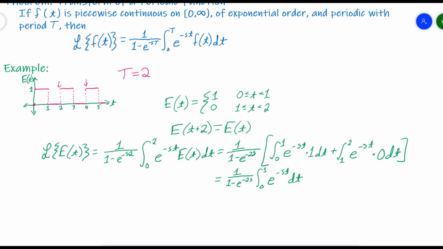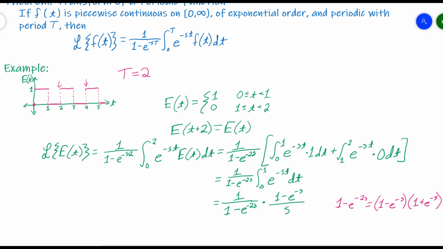Taking this integral and evaluating it from 0 to 1, I'm going to get 1 over 1 minus e to the negative 2s times 1 minus e to the negative s over s. Now, 1 minus e to the negative 2s is really 1 minus e to the negative s times 1 plus e to the negative s.